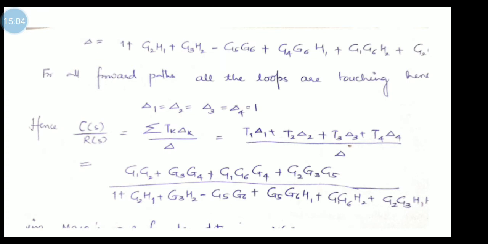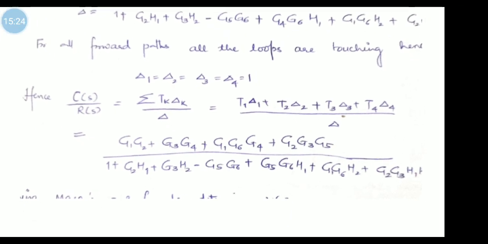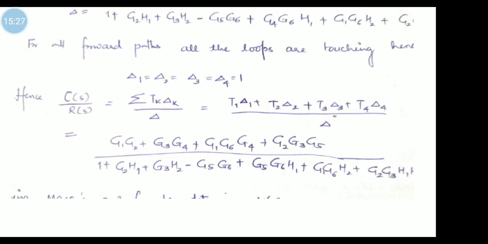So G1 G2 plus G3 G4 plus G1 G6 G4 plus G2 G3 G5, by 1 plus G2 H1 plus G3 H2 minus G5 G6 plus G5 G6 H1 plus G1 G6 H2 plus G2 G3 H1. This is the transfer function. So you have to substitute this as delta in the denominator. This is it.